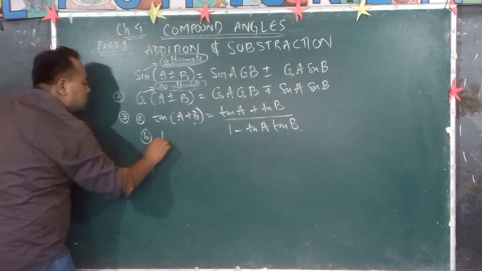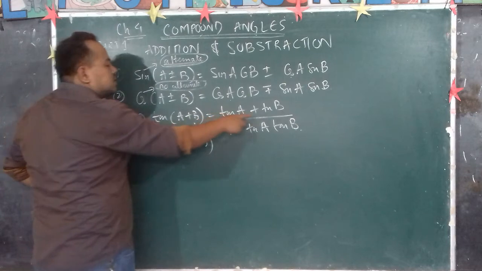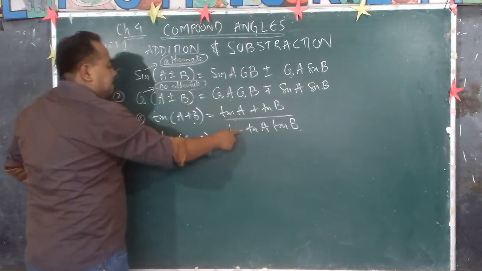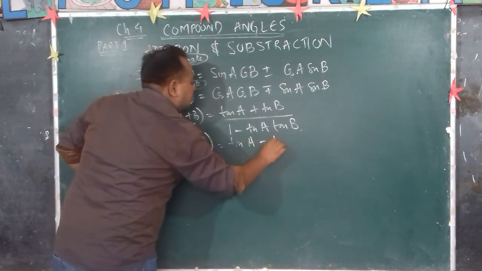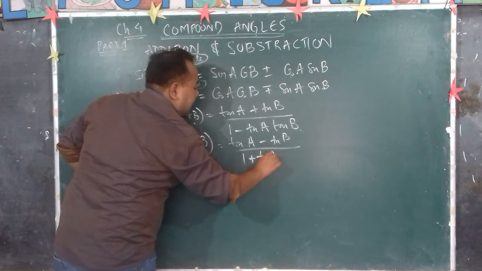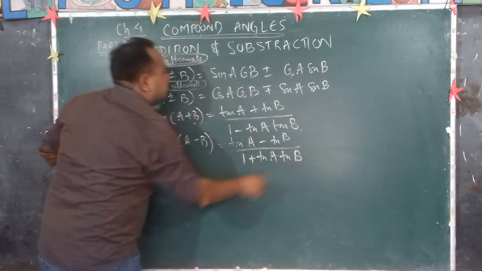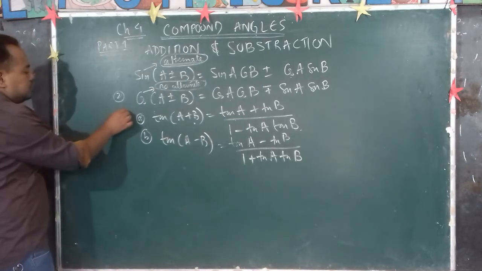The second one is tan (a minus b). Look at this: if this is plus, this is going to be plus, and this is going to be minus. If it's minus, you start off by writing tan a minus tan b divided by 1 plus tan a tan b. So these are the 3 formulas which you need to know.